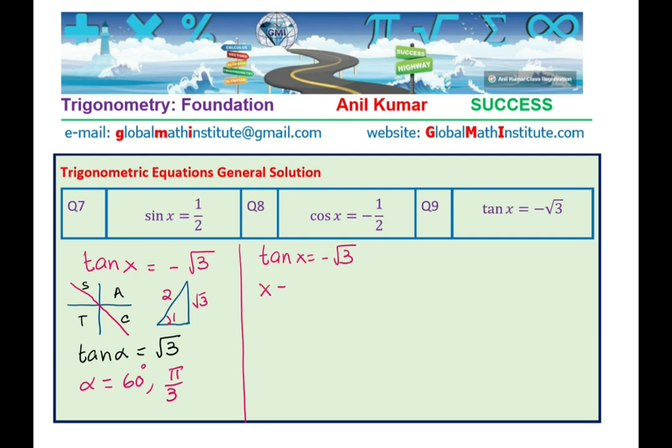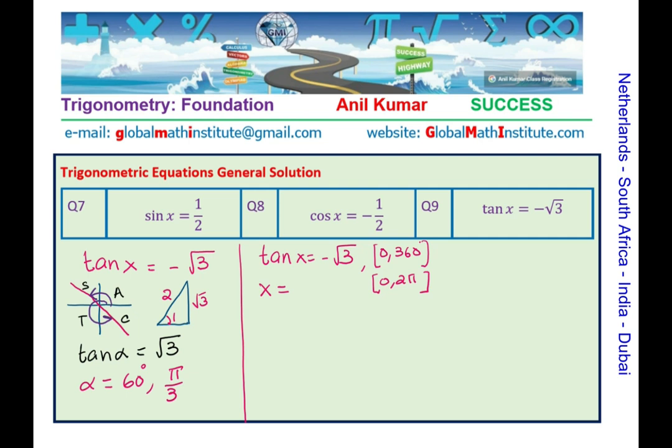So x is equal to, within the domain 0 to 360 degrees, let's say, or 0 to 2 pi, right? So within that domain, we have two answers. One you can see is right there, and the other one is this, correct?